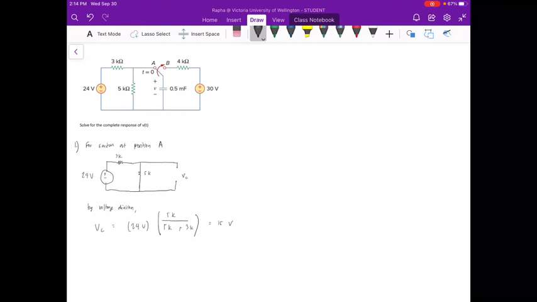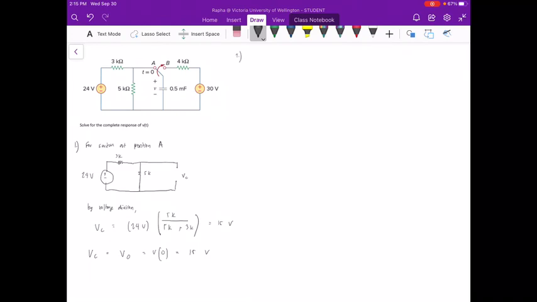Our VC is actually equal to our VO, or voltage at time equal to 0, so we write again the 15 volts. This is because the capacitor voltage does not change immediately. So right before moving the switch to position B, the capacitor voltage is equal to 15 volts.